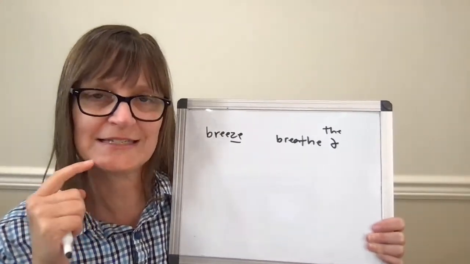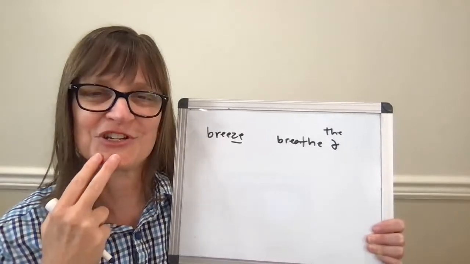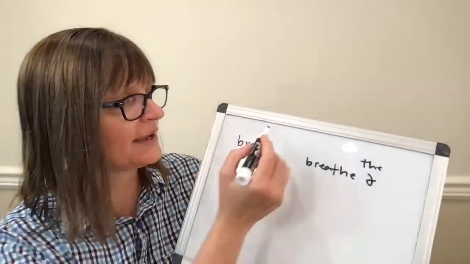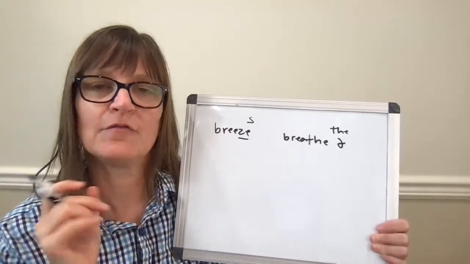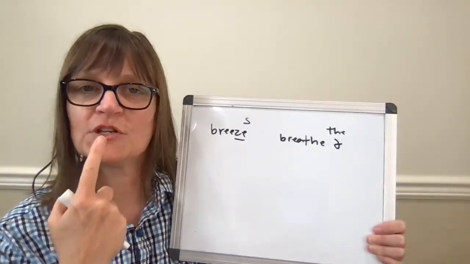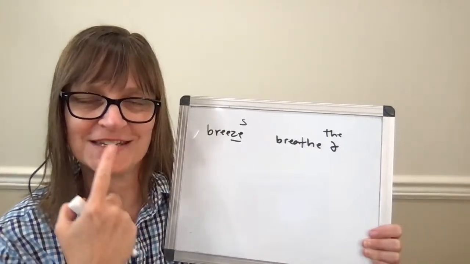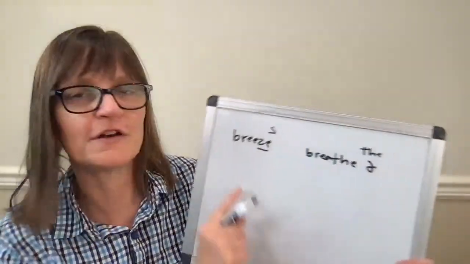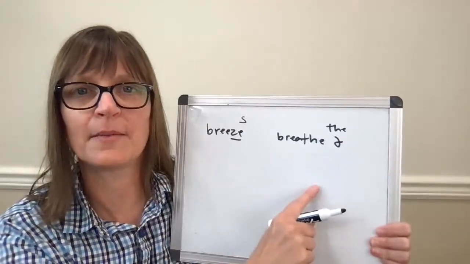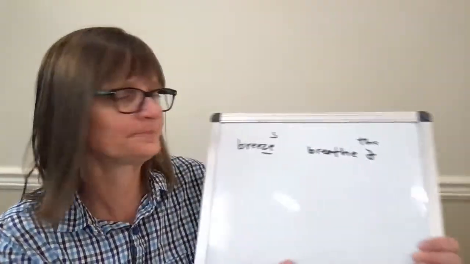So breeze, z. It's the same position as the S sound. So you can try making an S like breeze, versus breathe. You really should feel the tongue between the teeth, and the air also continues to flow. So I felt a nice breeze. I'm going to breathe the air. After class, I'll give you a link for a more detailed video about those two words.